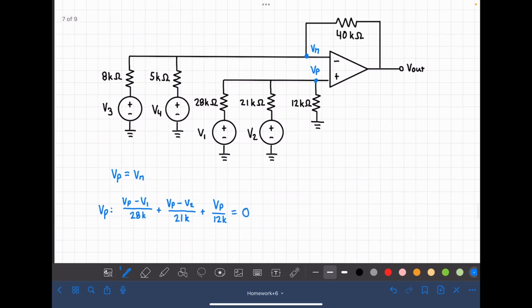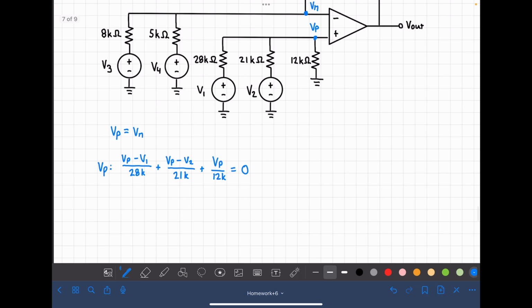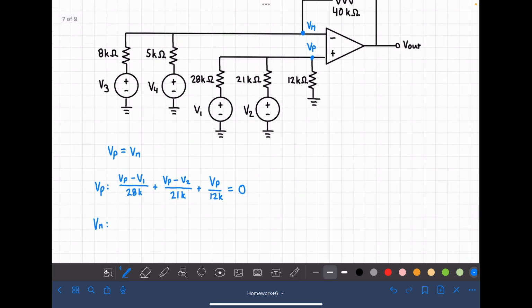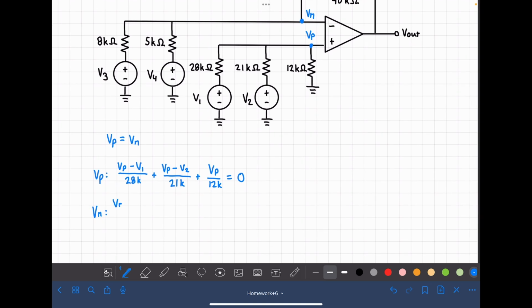Alrighty, and now we can write out our node voltage equation for Vin up here. Same story here. No current going into our op-amp, so the only ones we have to worry about are to the output and to our two inputs. First, the one to the output, we're going from Vin to Vout over a 40K resistor.